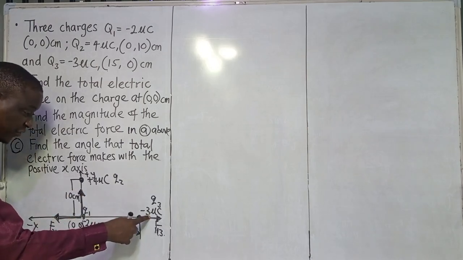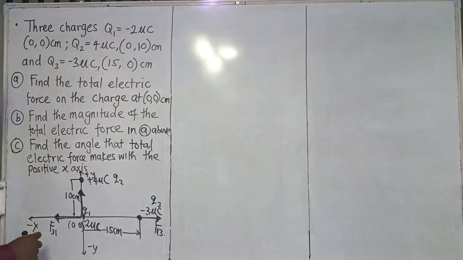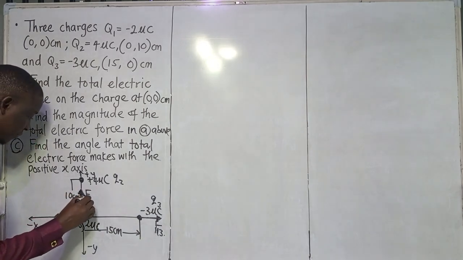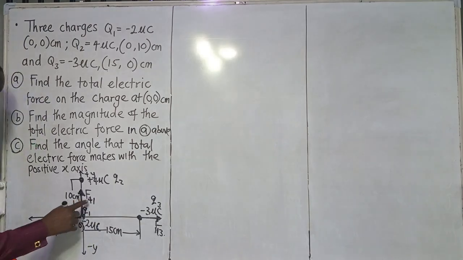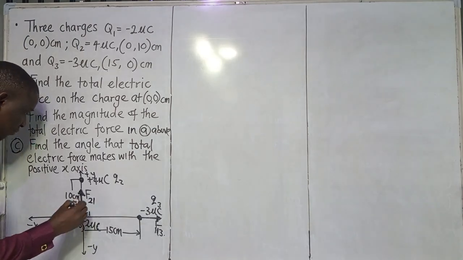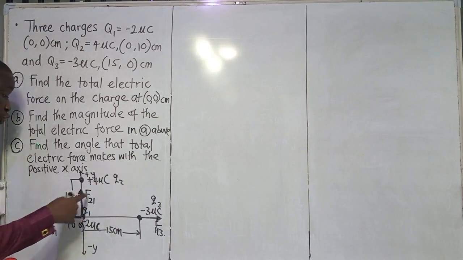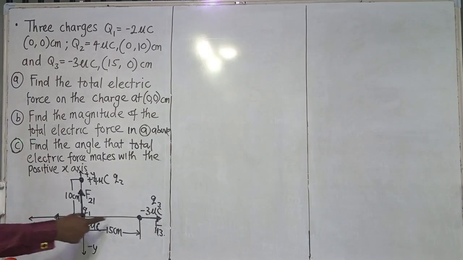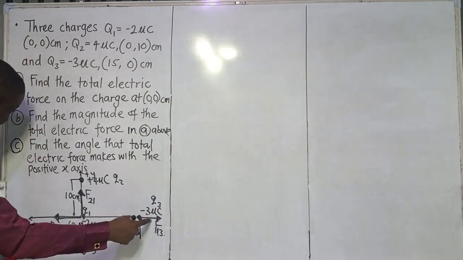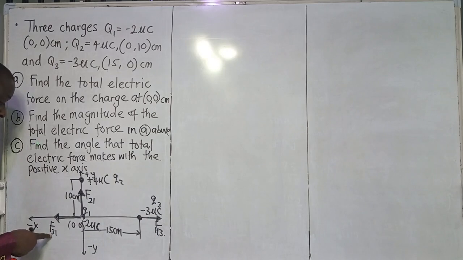What is the effect of minus 3 microcoulombs on this? This one is 2 on 1, because it is the force of charge Q2 on Q1. This is charge Q3 on Q1, so that's why we write 3,1.